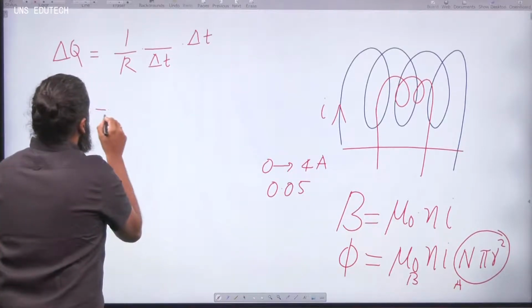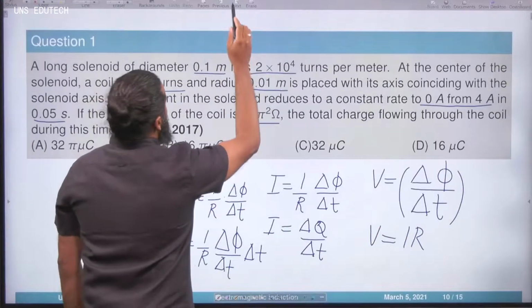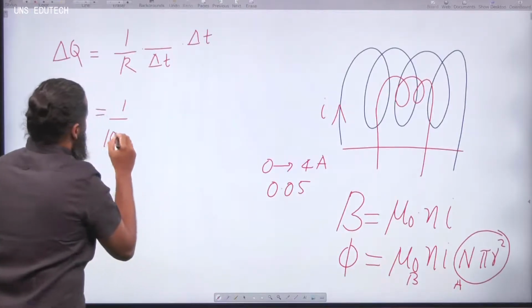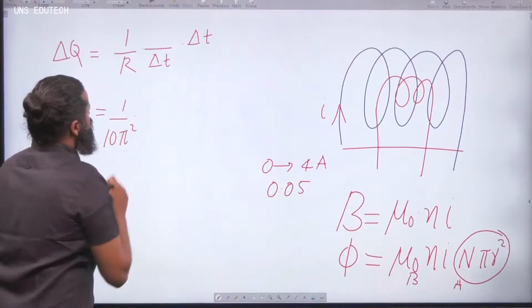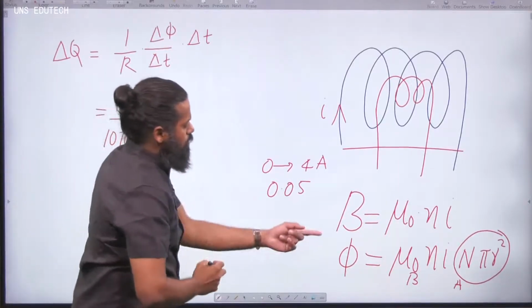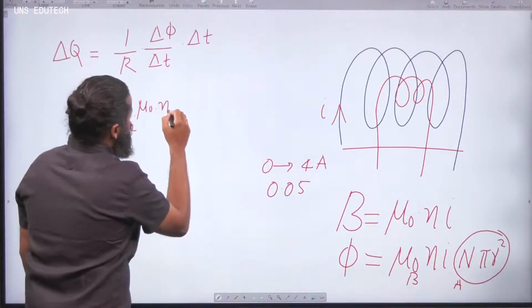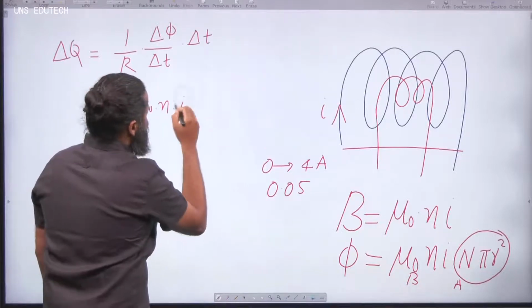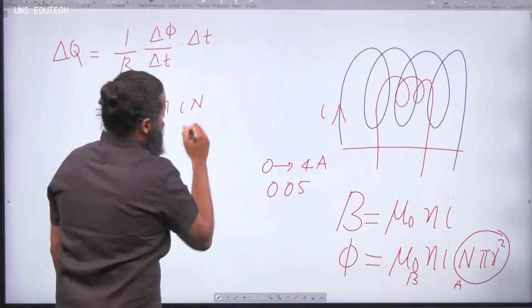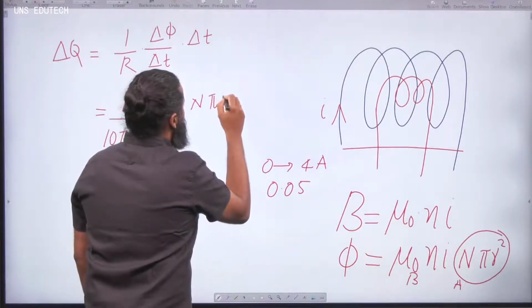Now we can write down 1 by r is given, how much was that value? 10 pi square, into this quantity, change in flux we have to apply. Change in flux is nothing but mu 0 into N into I into capital N, that is the number of turns in the inside coil, into pi into r square.